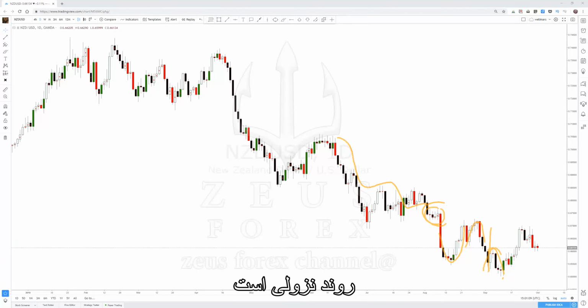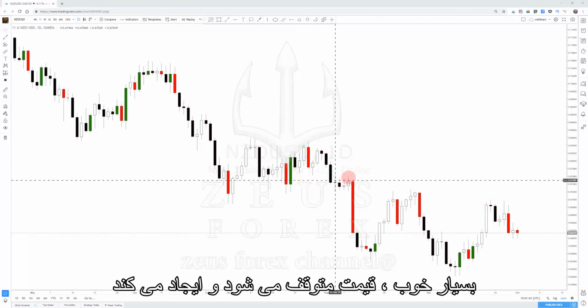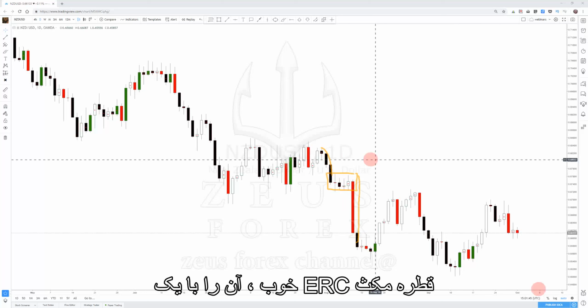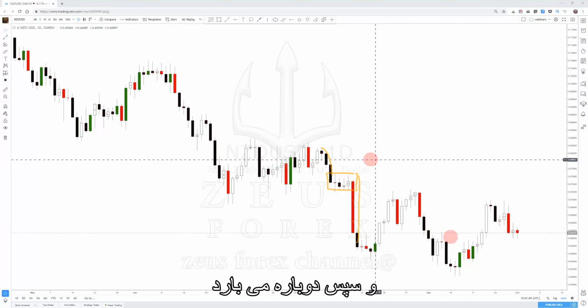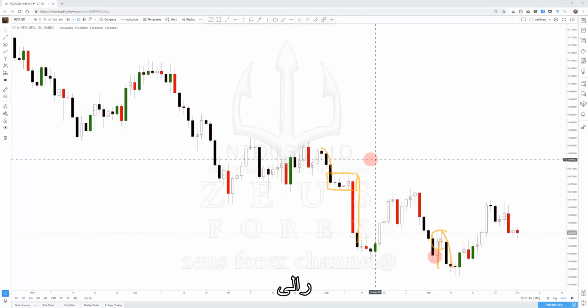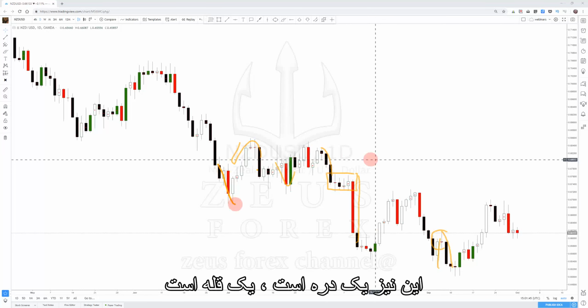Price pauses and creates these basing candles. It drops with an ERC, it pauses, and then it drops again. So this is not a pause, because we had a rally. This is a peak. If we continue on the left here, this is also a valley, a peak, another valley, another peak: rally, base, drop.